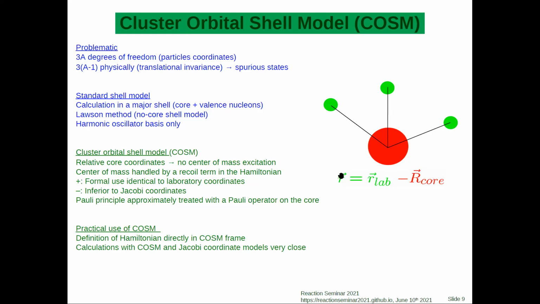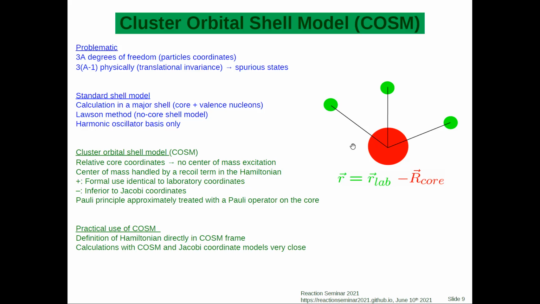And by defining these new coordinates, we have translationally invariant coordinates, so that we no longer have any center of mass excitation from the beginning, and then we don't have to correct them. From the beginning, we have a set of coordinates which are translationally invariant, so that we can no longer have any center of mass excitation.